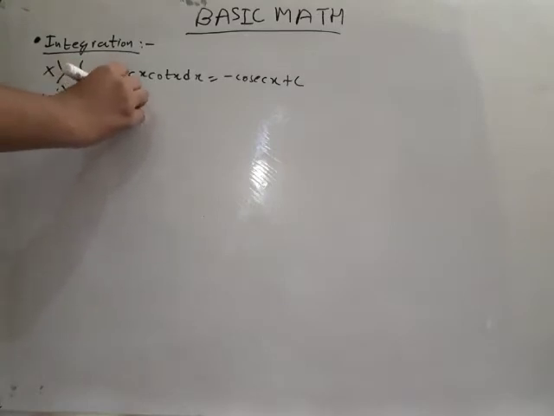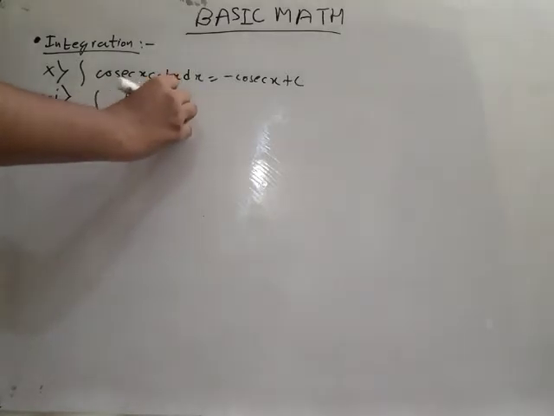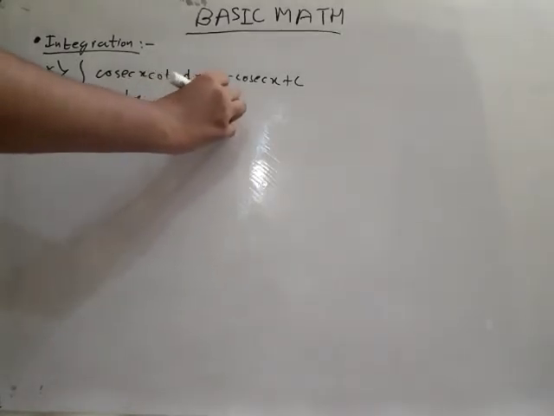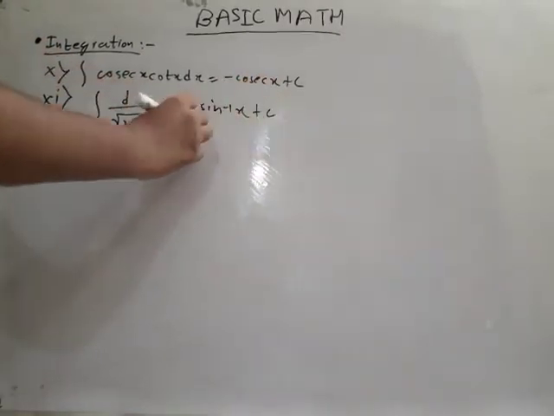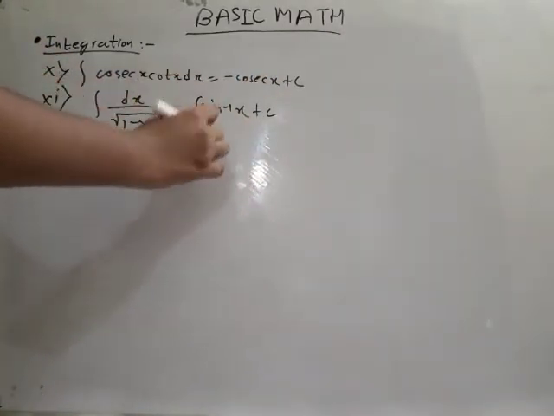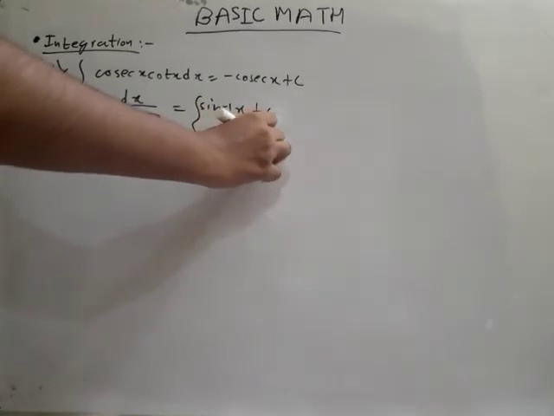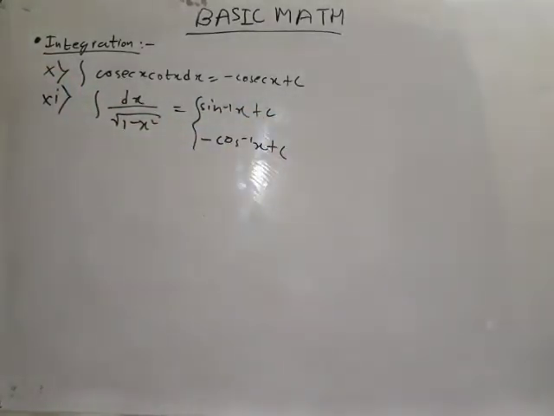Integral dx by root under 1 minus x square equals sin inverse x plus c. It has two answers: the first one is sin inverse x plus c, and the second one is minus cos inverse x plus c. Since we have seen that differentiation of sin inverse x is 1 by root under 1 minus x square, and differentiation of cos inverse x is minus 1 by root under 1 minus x square.